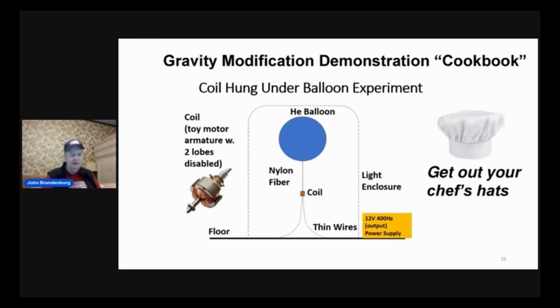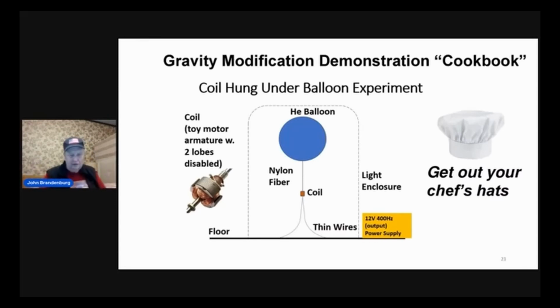Now, how do you do this? How do you see this in the lab? I'm going to give you a cookbook on how to do it in your own garage or study or laboratory. Get out your chef set. Let's start with the cookbook. Buy a toy motor, probably rated somewhere between 9 volts and 12 volts, so it can handle that kind of voltage.